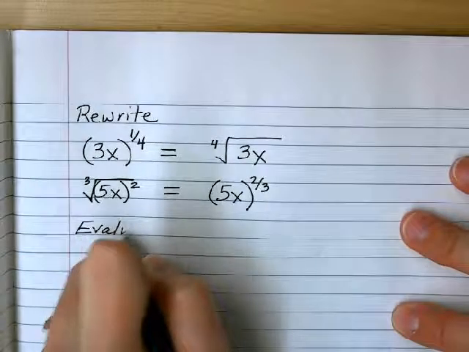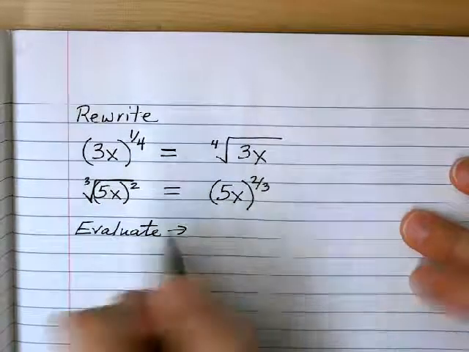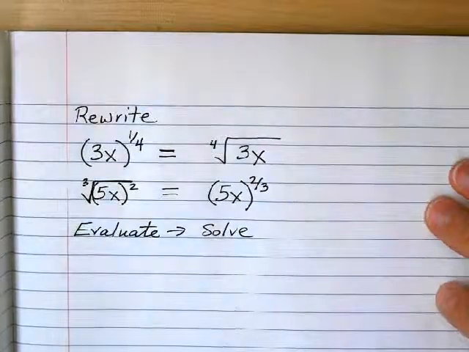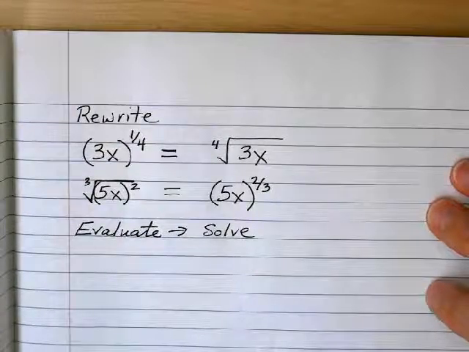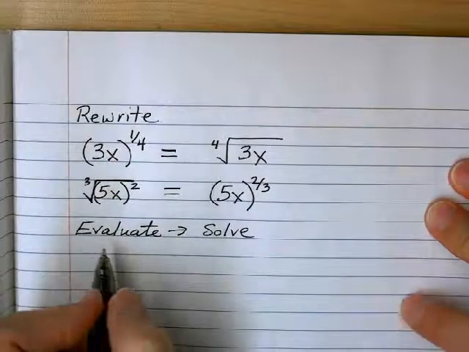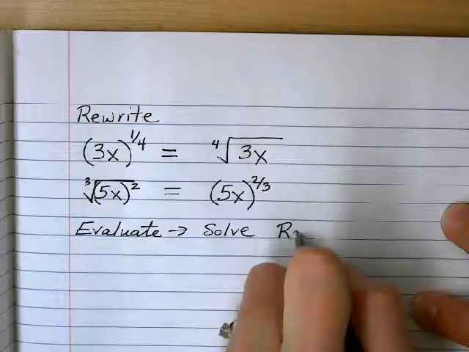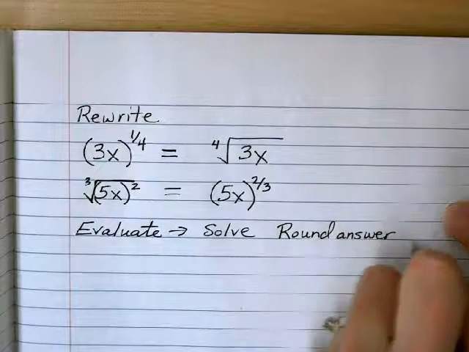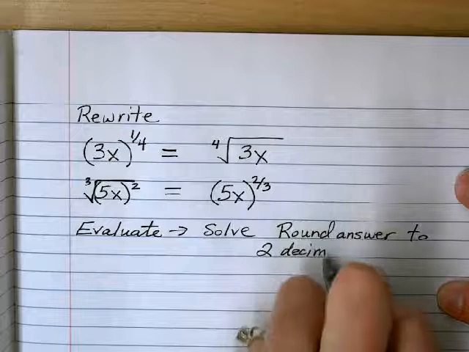Then there's evaluate ones. Evaluate means to solve something, to try to see what the answer is. So let's see, what if I gave you... Some of them also, like when you do your homework today, will say round the answer to 2 decimal places when appropriate.